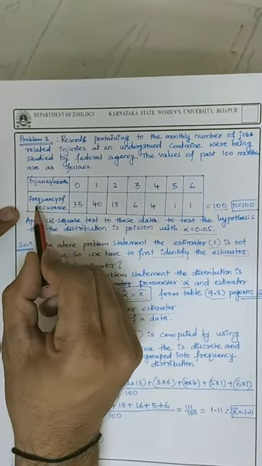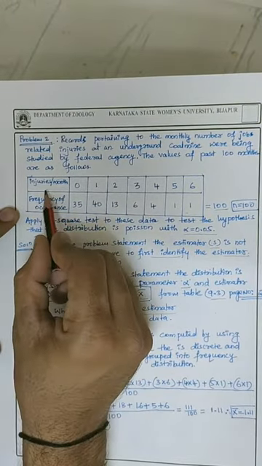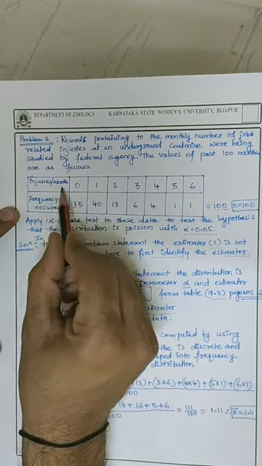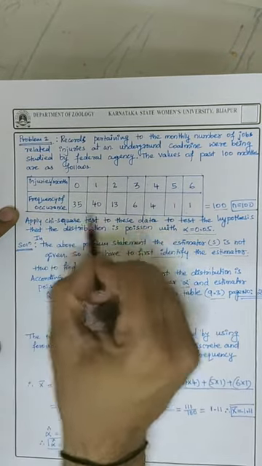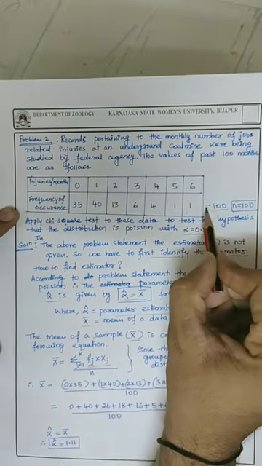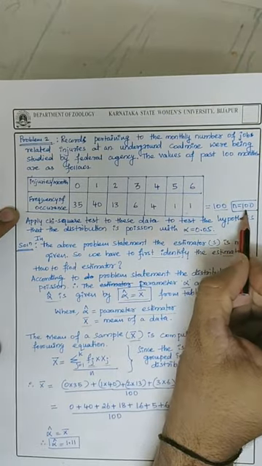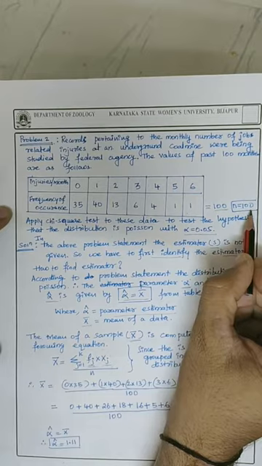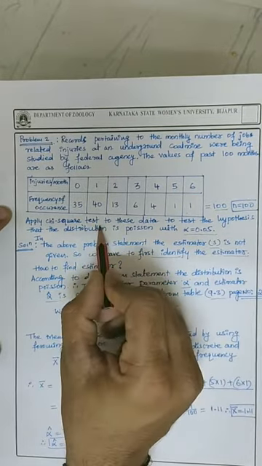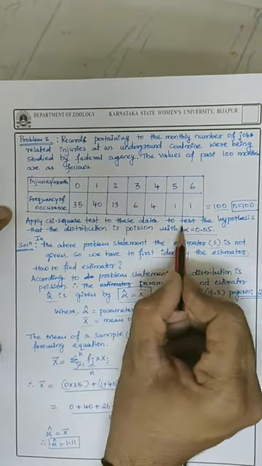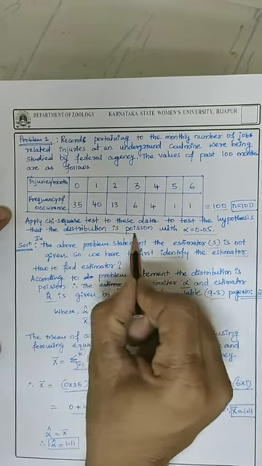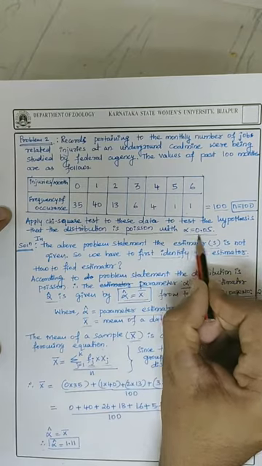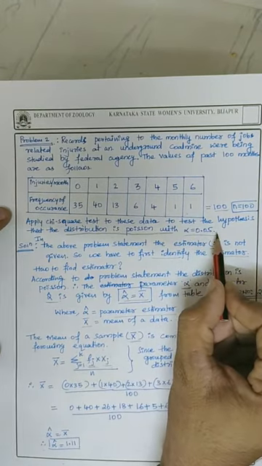Along with the problem statement, they have given the injuries per month and the frequencies of occurrence. The total size of this data is 100, that is n is equal to 100. Apply chi-square test to this data to test the hypothesis that the distribution is Poisson with alpha equal to 0.05.